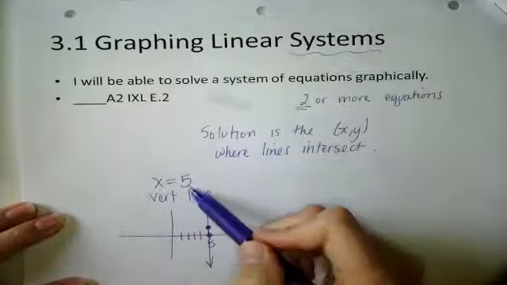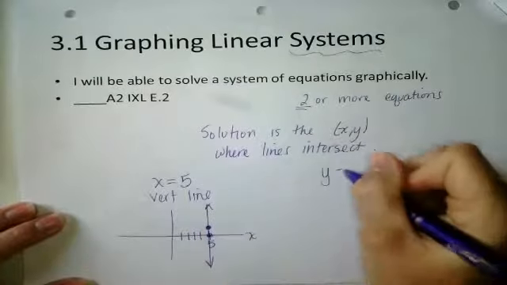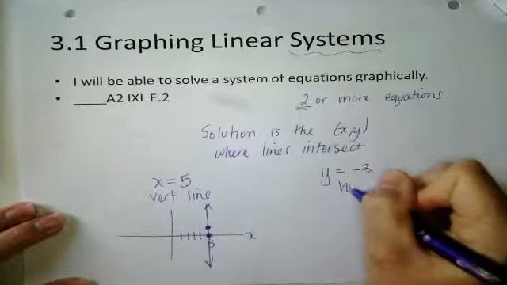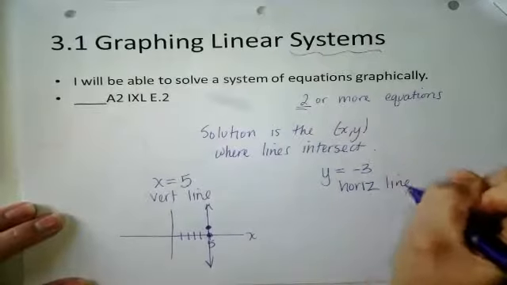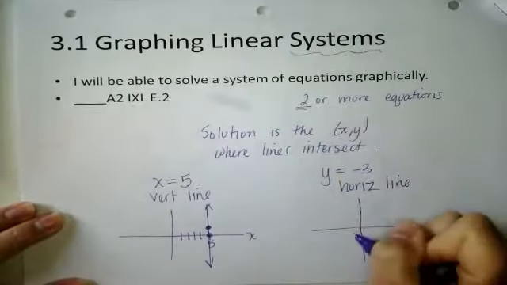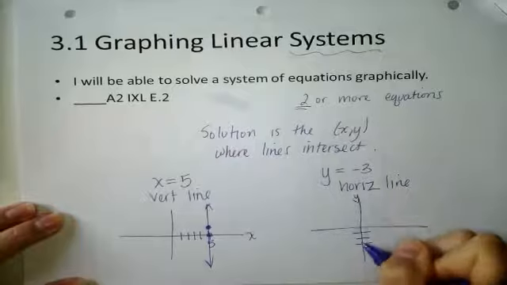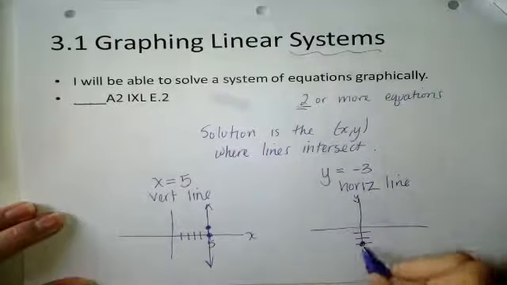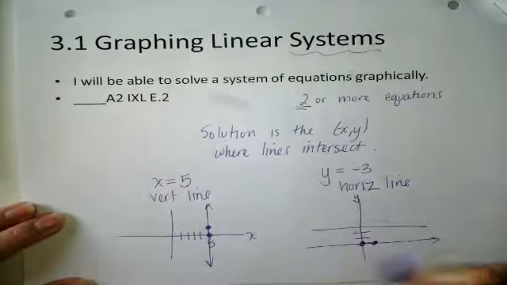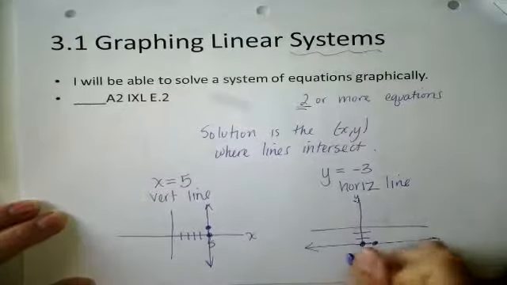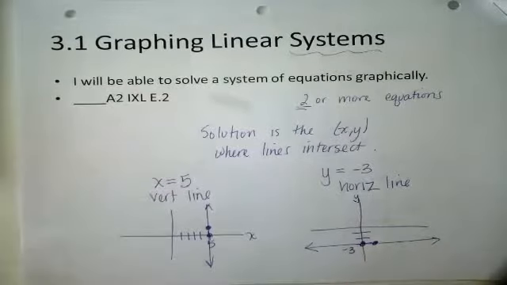If x equals a number is a vertical line, y equals a number must be a horizontal line. All right, so pay attention. So you would go to the y-axis, you'd go to -3, and then you'd click a point to the right or to the left, and that'll get you your horizontal line through -3 on the y-axis.